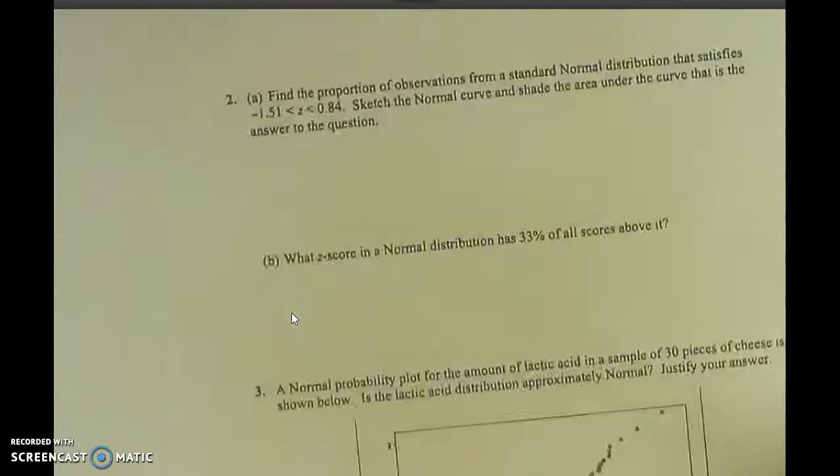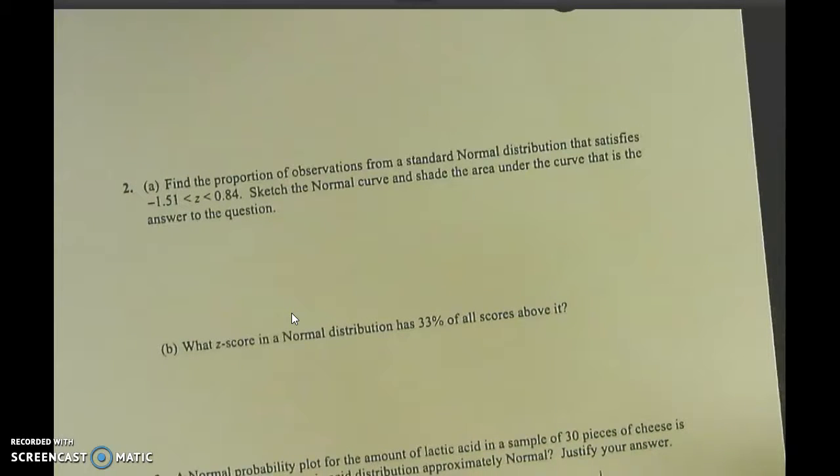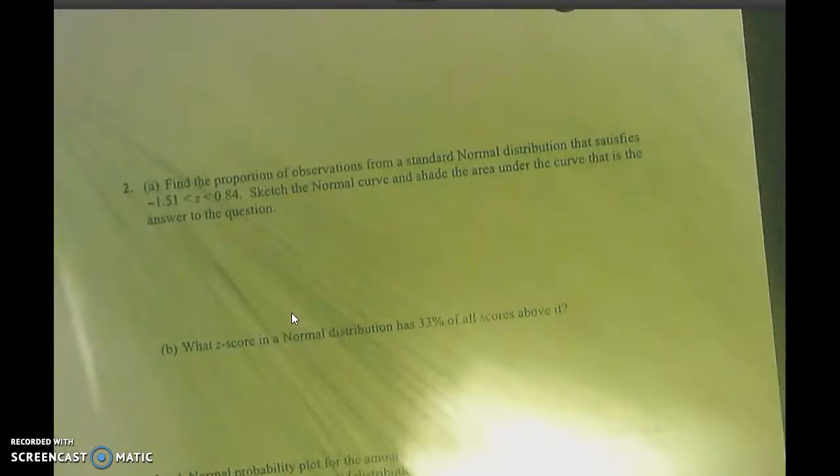3 will be like 3 seconds. All right. Find the proportion of observations. Sketch the normal curve and shade the area under the curve. That is to answer the question. All right.